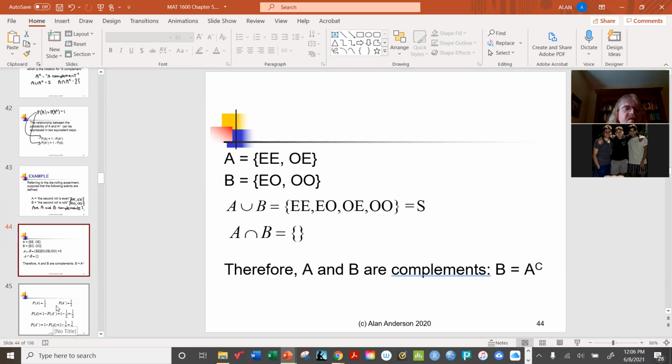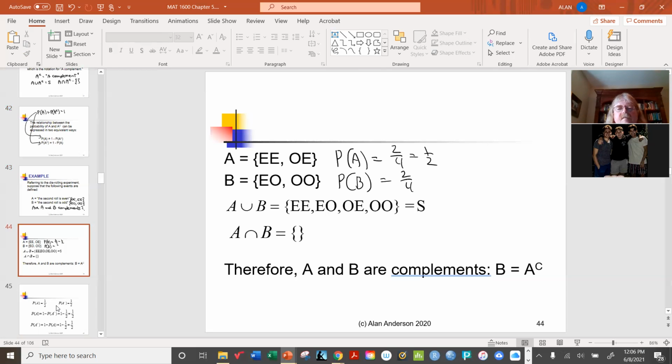and we can calculate each probability from the other. Now, it should be clear that the probability of A is 2 out of 4, and B, but we just got through proving that B is a complement. So therefore, we can also claim that the probability of a complement is 1/2.